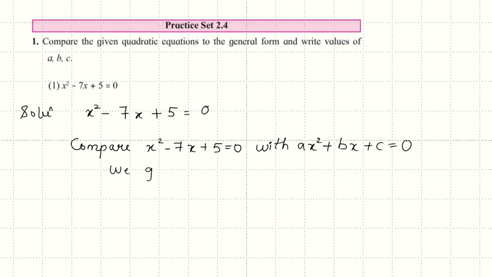We get a is equal to 1. Here the coefficient of x squared is 1. Therefore a is equal to 1, b is equal to minus 7 and c is equal to 5.